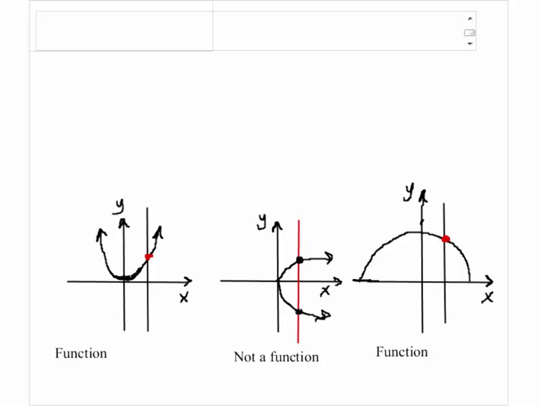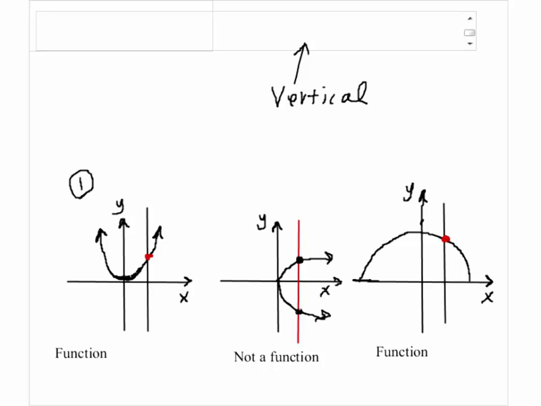A graph represents a function if it passes a blank line test. The answer is a vertical line test. Let me show you how a vertical line test works. Look at the first graph on the left.